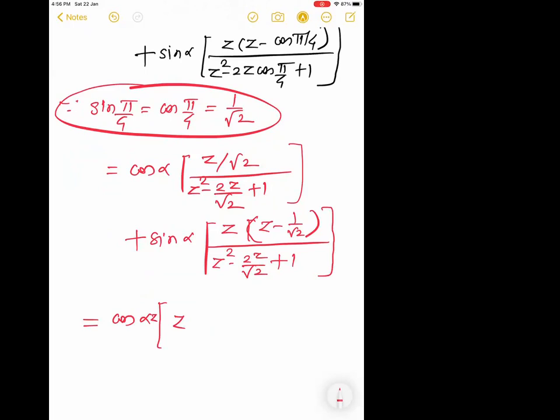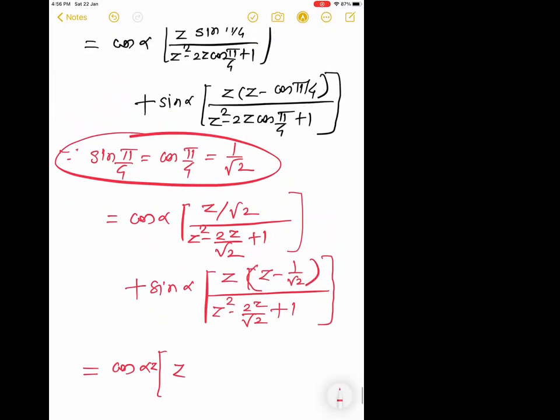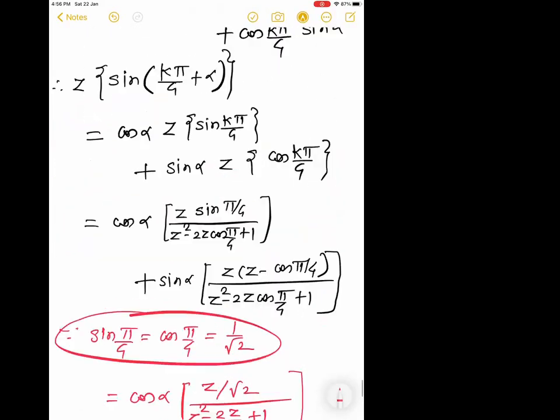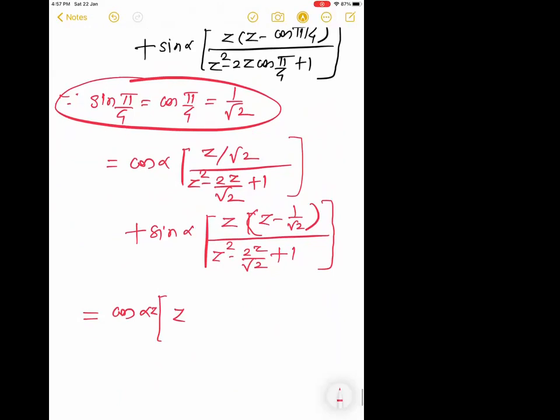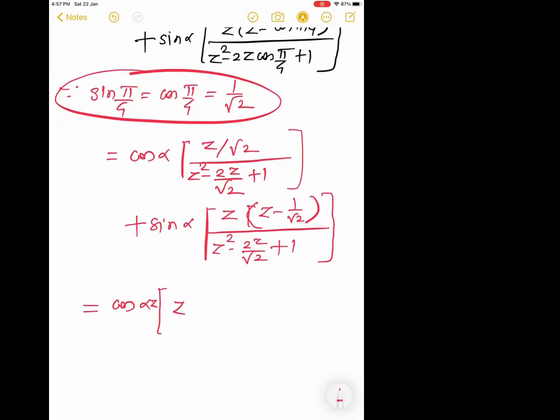So this is cos of alpha z into z upon root 2 actually it is. Z divided by root 2 upon, one of the root 2 is getting cancelled with this. Numerator is coming out as root 2. So this is z square minus root 2z plus 1.